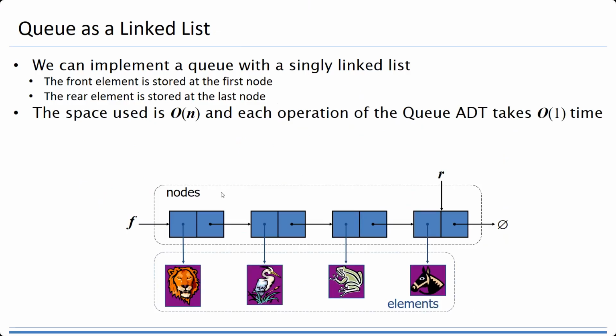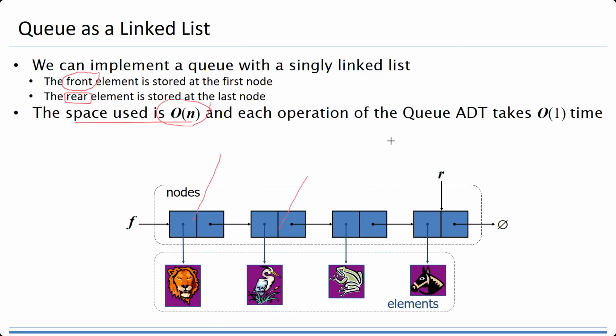We can implement queue for the linked list. If we implement the queue for the linked list, then we will have the front and rear. Last week we learned about the front, how to calculate the front, and how to calculate the rear index. The space used is O(n).